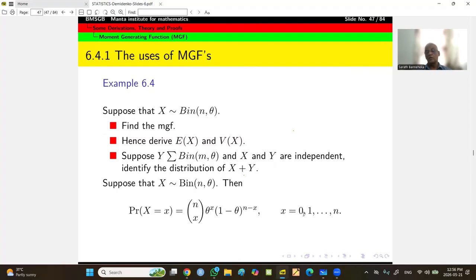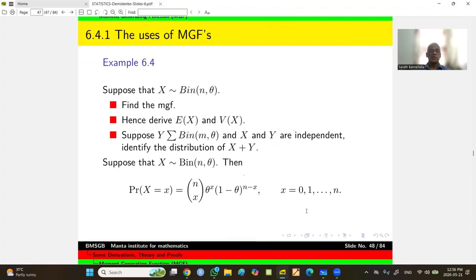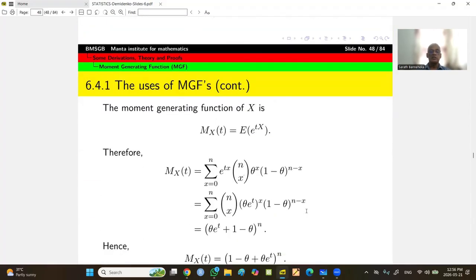This x goes from 0 to n, integers and 0. So let's get the moment generating function first. The moment generating function by definition is M_X(t) equal to the expected value of e to the power tX. So this tX is like a g(X), some function of x.